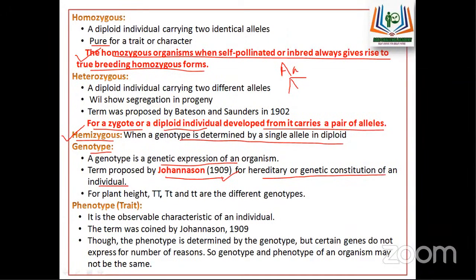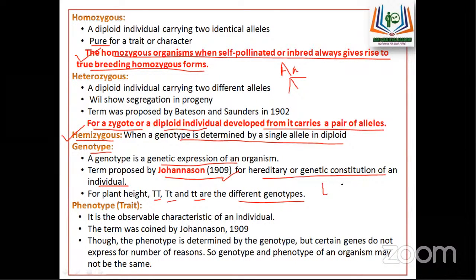So for plant height, you can say that capital T capital T, capital T small t, small t small t are different genotypes. Genotype will always be the expression of a diploid individual. If the individual is haploid, you will represent the genotype as one allele.